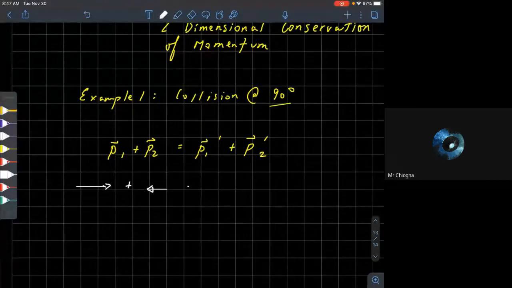I'm just drawing what I just said in words visually with the arrows. What does that add up to? We would say it adds up to give some resultant, okay, in this case. Now, the reason why we were able to line these up, the reason why we're able to use positive and negative signs is because these vectors are parallel.